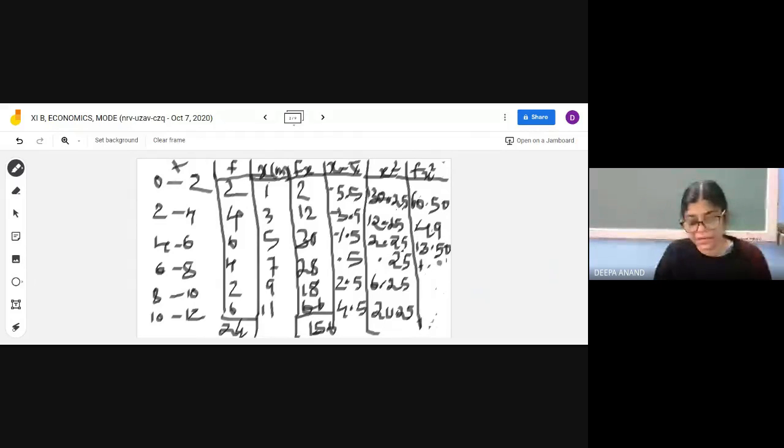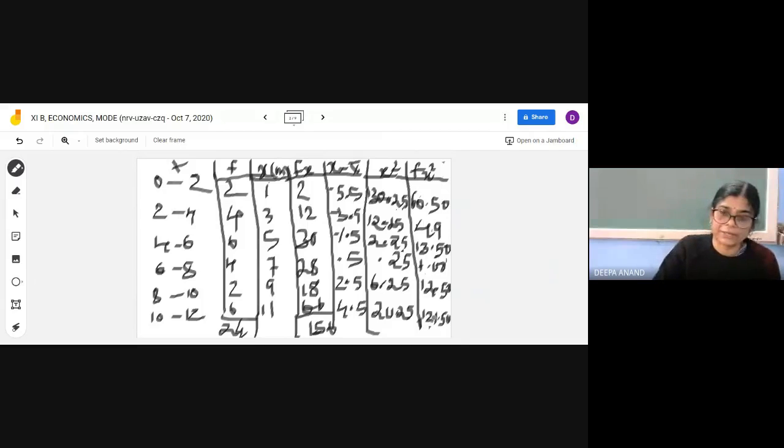Otherwise, the calculation is very easy. This is 100, so 1.00. This is 12.50. And this is 121.50. The calculation will take a little time.